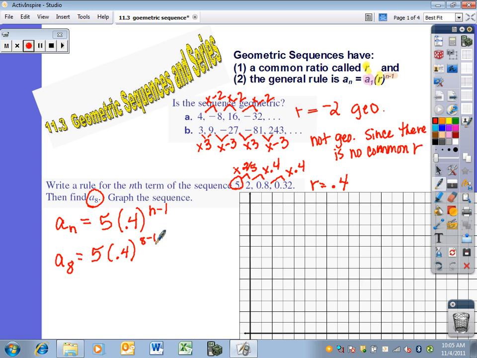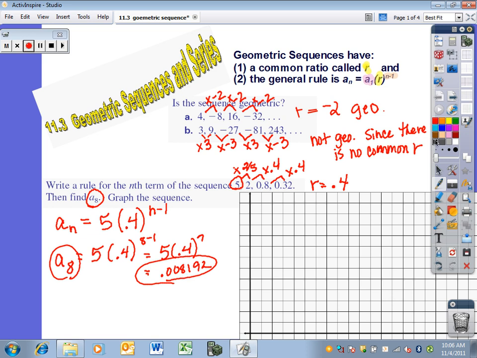So 5 times 0.4 to the 7th, which is what decimal? 0.08192. So that is the 8th term.